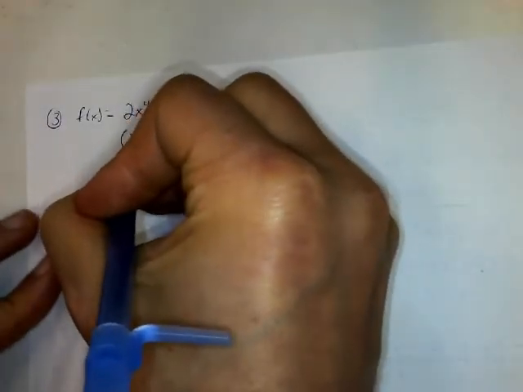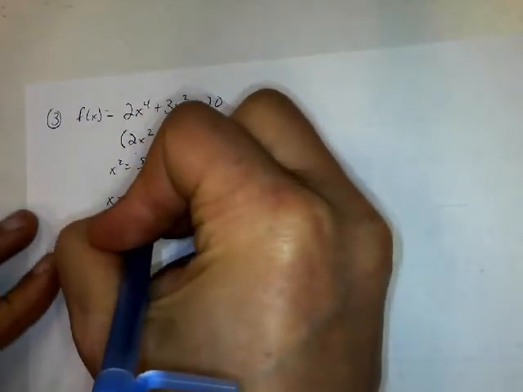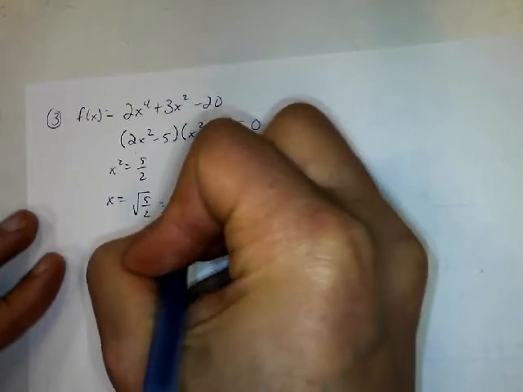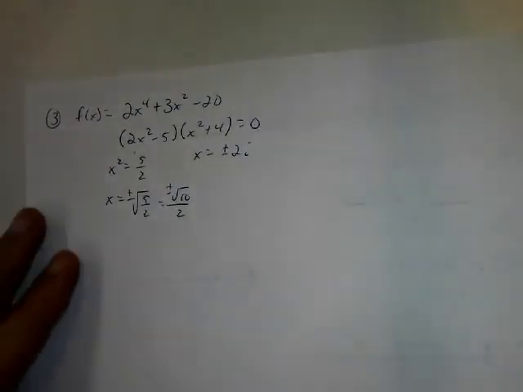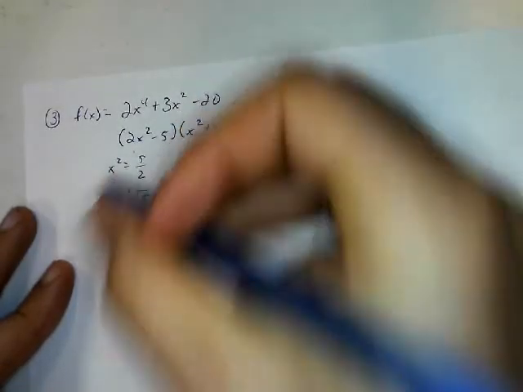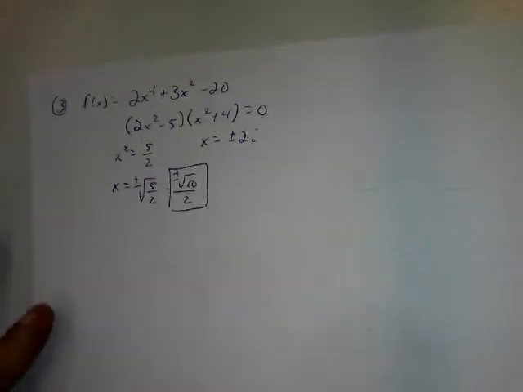On this side, we get x squared is equal to 5 halves. So x equals the square root of 5 over 2, or the square root of 10 over 2, plus or minus, of course. Due to the fact that it's pretty much very similar to the last one, I'm not going to graph that one. It's basically identical, except the x value obviously is slightly different.